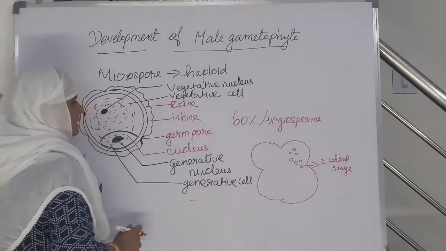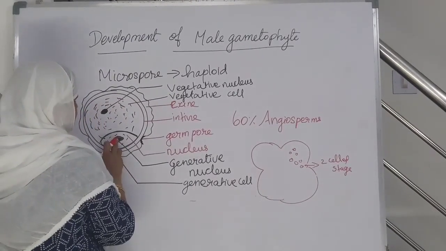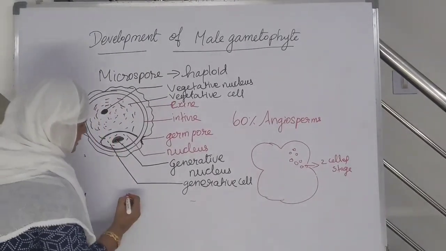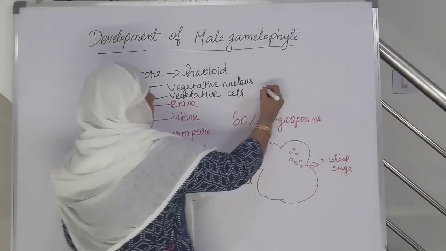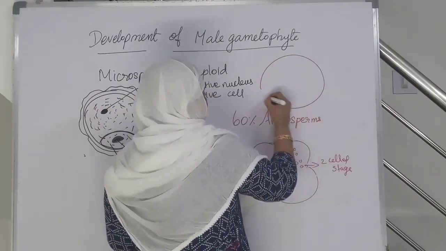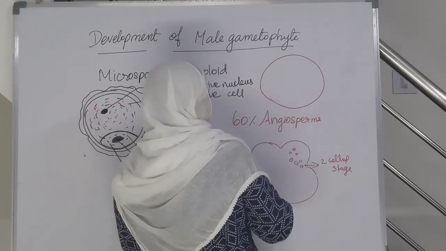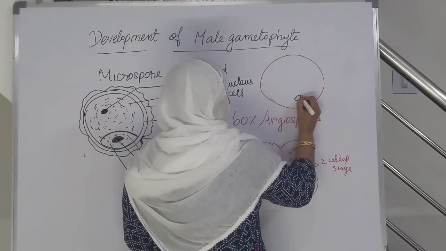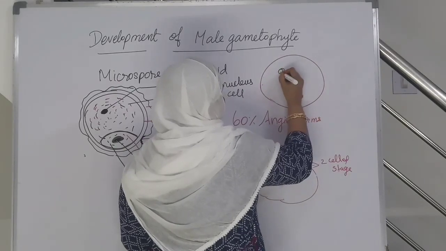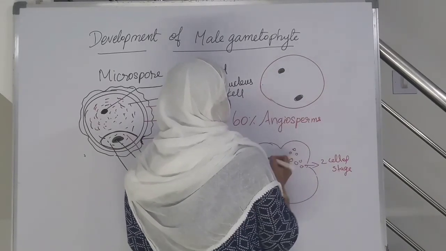But in some plants, what may happen: this is the generative nucleus and this is the vegetative nucleus.